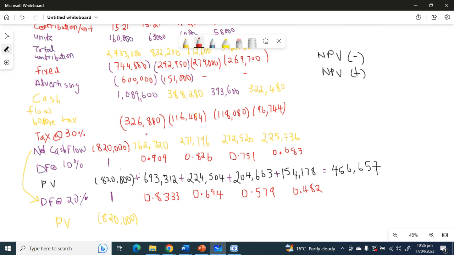Let me highlight what we are multiplying so that there is no confusion: these net cash flows by our new discount factors.